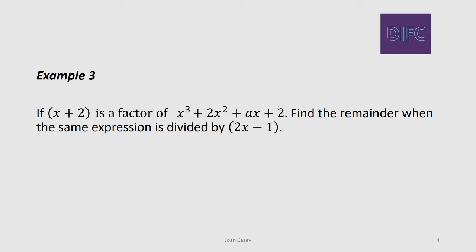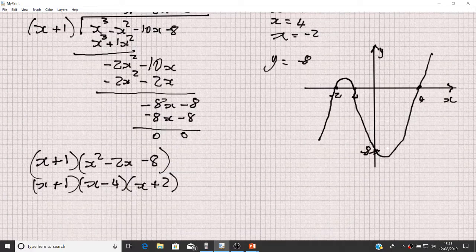And we look at the last example. So we're told, example 3: if x plus 2 is a factor of x cubed plus 2x squared plus ax plus 2, find the remainder when the same expression is divided by 2x minus 1. Okay, so let's take a look at example 3.